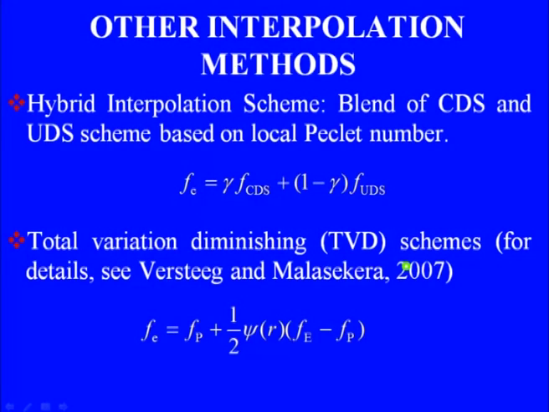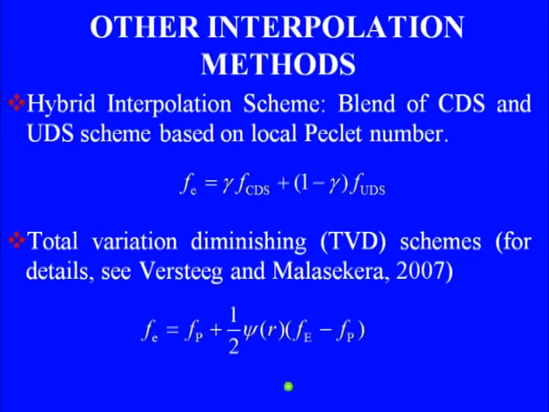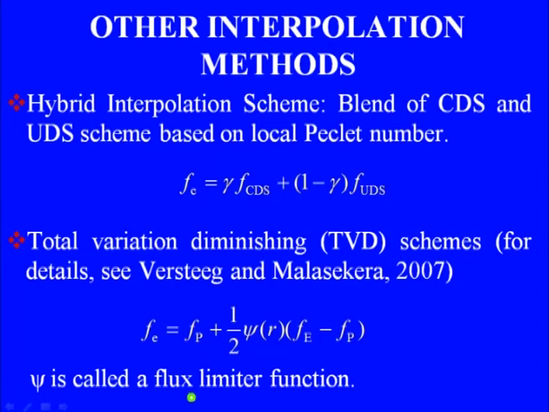More recent developments include total variation diminishing schemes, and for details you can see the book by Versteeg and Malalasekera. Okay. For instance, here we will express Fe as f at the computational node P plus 1 by 2 psi r times Fe minus Fp, where this psi r is a specified function which depends on the local flow conditions. Now, this UDS is one form of these TVD schemes, and formally psi is called a flux limiter function.